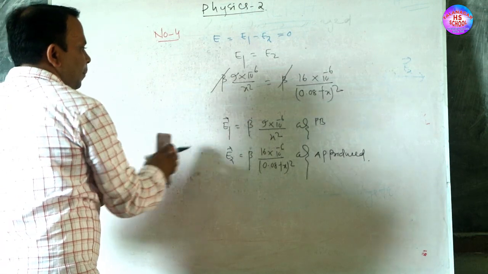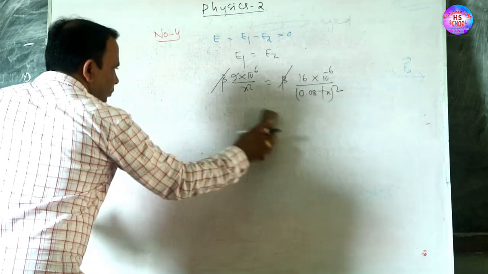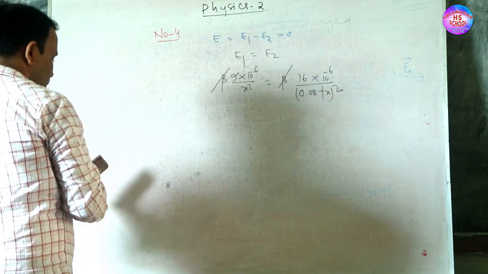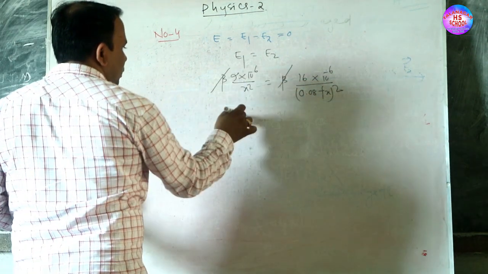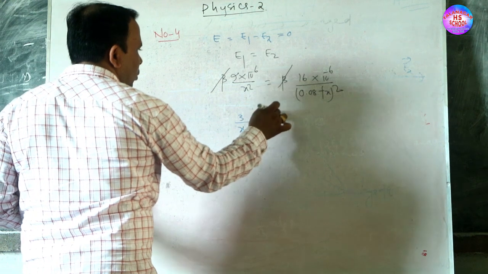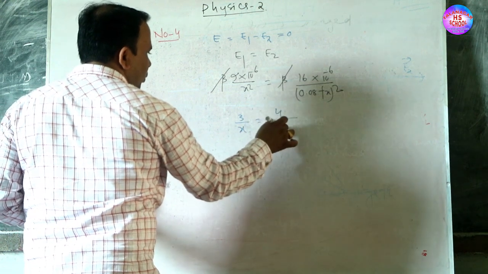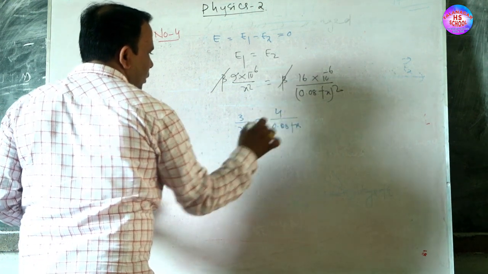k cancels. Now here we can write 3 by x equal to 4 by 0.08 plus x.